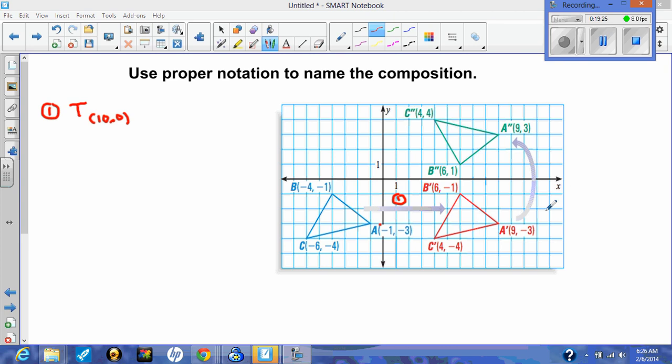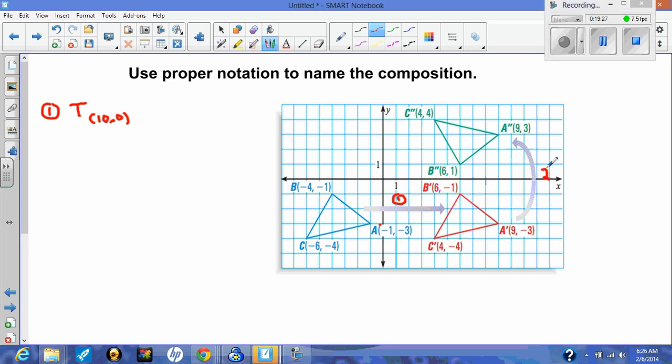Okay, so going from the red to the green, this appears to be a reflection. I can tell because when I look at A, it is 1, 2, 3 from the x-axis, and I notice A prime is 1, 2, 3. So the x-axis is our line of symmetry, it's our line of reflection.